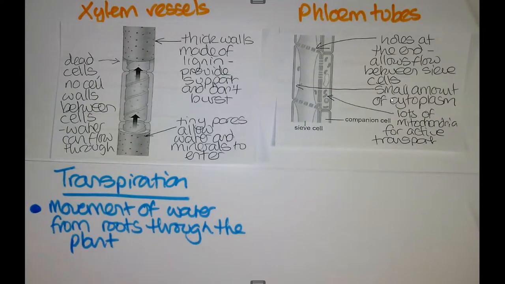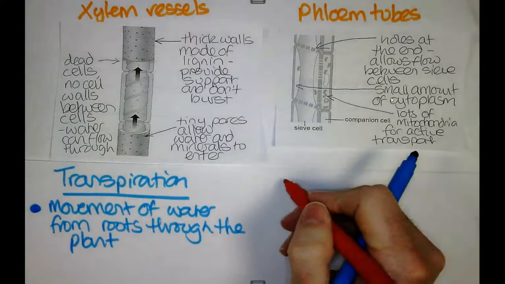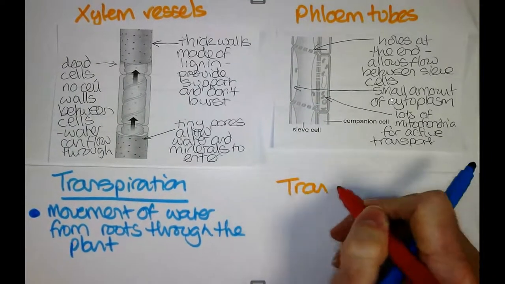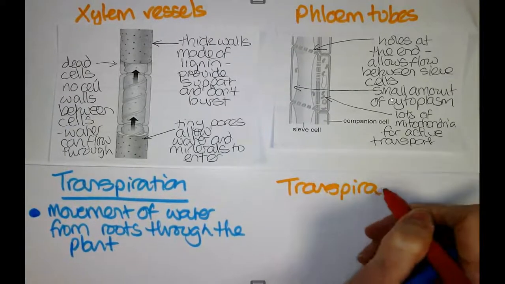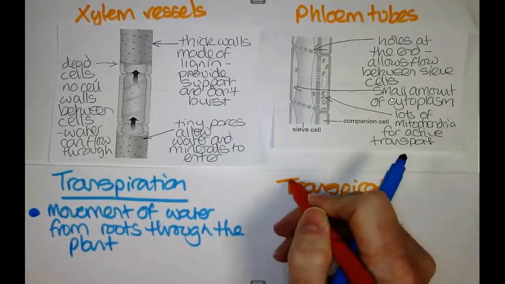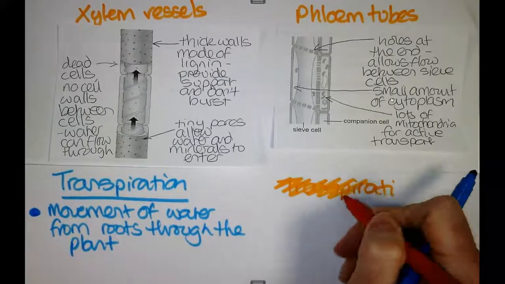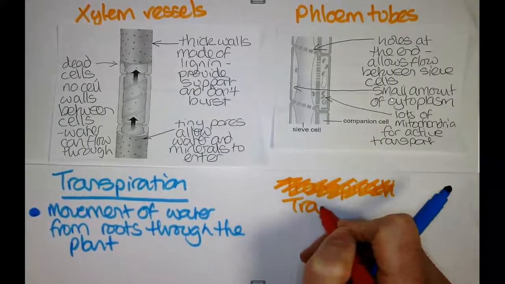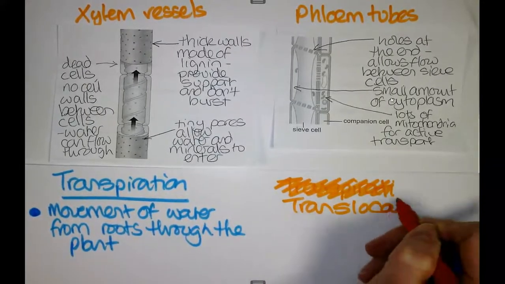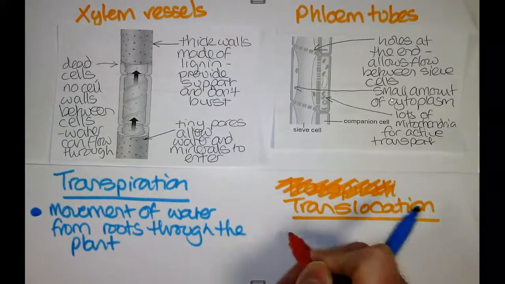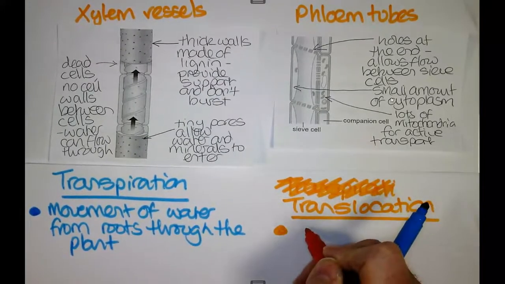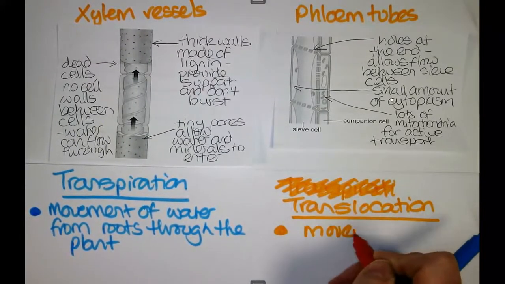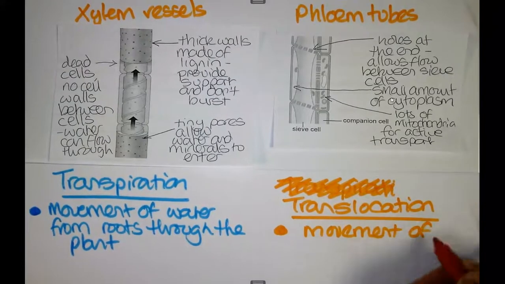Translocation is slightly different. It still uses these kind of transport vessels. Translocation. So this one is movement of sugars.